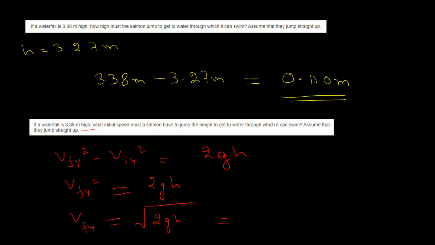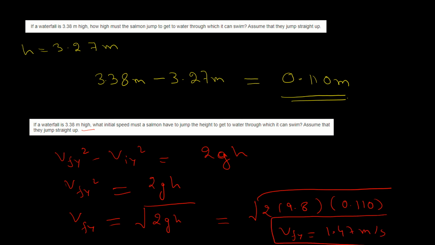Just plug in the numbers: 2 times g, which is 9.8 meters per second squared, and h, we are going to use this 0.110. So from this, v_iy will be 1.47 meters per second. So this is for this part.